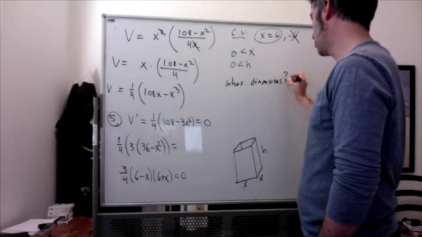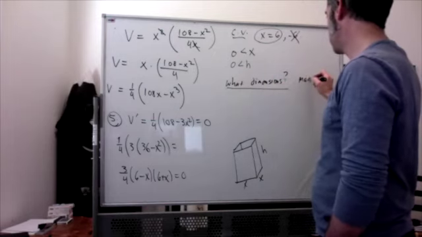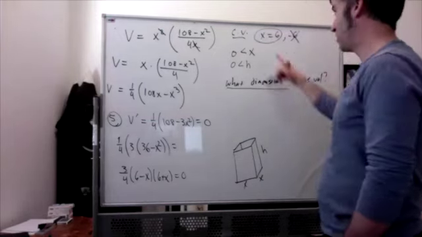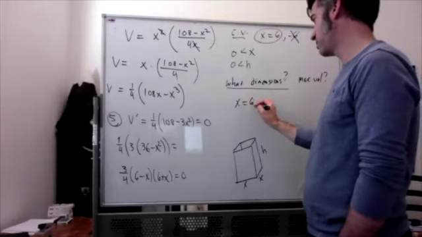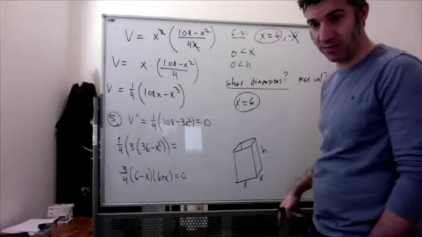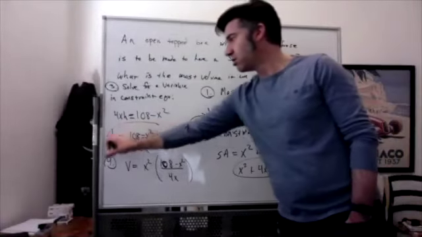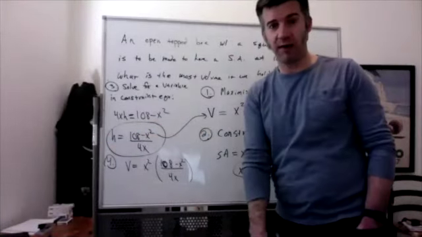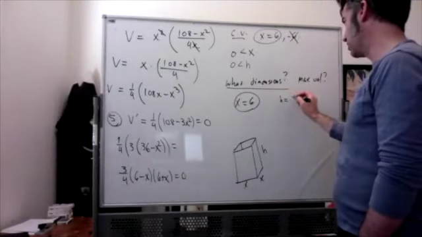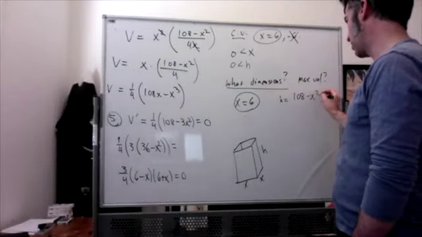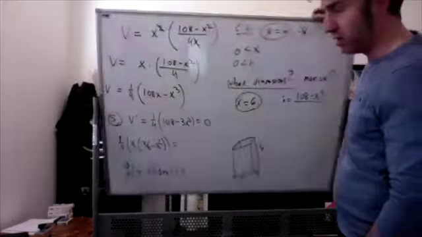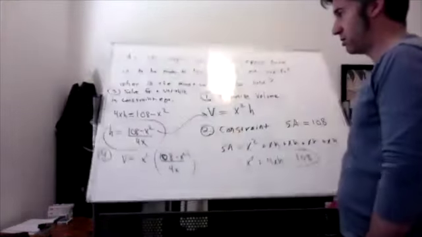Well, we got x equal to 6. We still need to find the height. Well, we know that the height can be found in terms of x. The height is equal to (108 minus x squared) over, was it 4x? I think it was. It is.